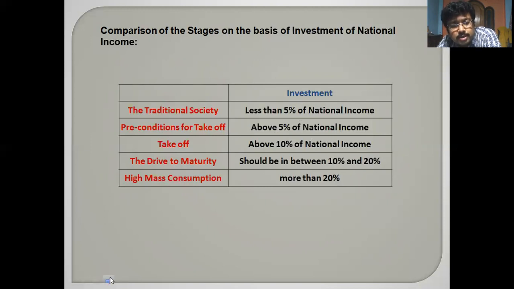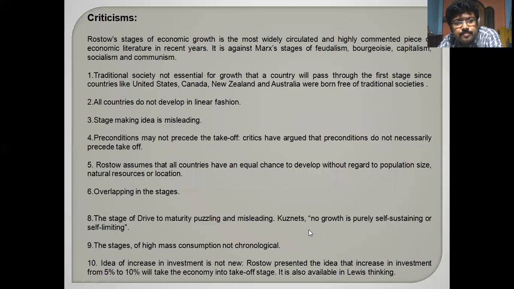Now, criticism. Rostow's stages of economic growth is the most widely circulated and highly commented piece of economic literature in recent years. It is against the Marxist stages of feudalism, bourgeoisie, capitalism, socialism and communism.